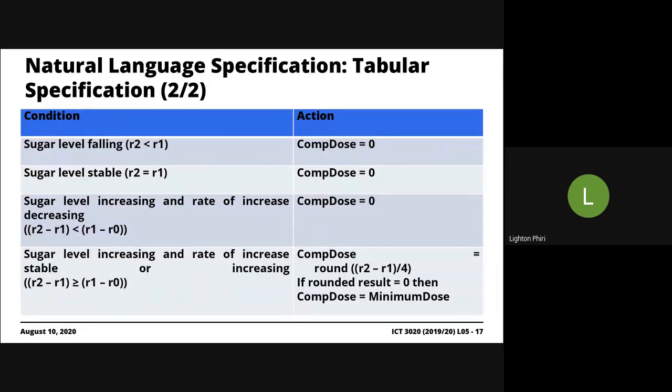So if this condition is fulfilled, then this is typically what happens. So the dose here is equated to 0 if R2 is less than R1, for instance. And the takeaway point here, I hope you appreciate, is that it's a lot easier to understand what's going on by using this sort of notation rather than writing these things down using natural language. That's the key takeaway point.